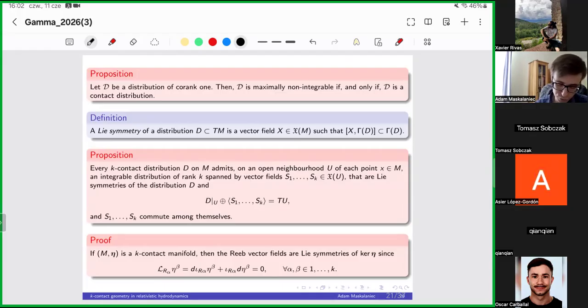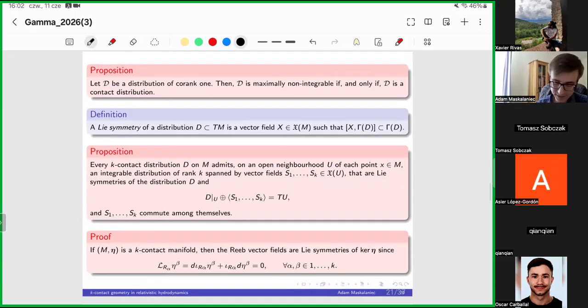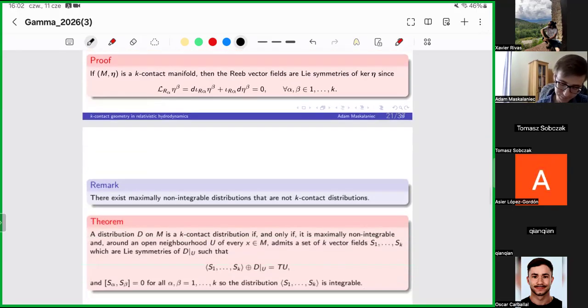So every k-contact distribution on M admits an open neighborhood U of every point x, such that we have k vector fields S_1 to S_k that are Lie symmetries of this k-contact distribution, and moreover, those vector fields commute with each other, and D summed with the distribution spanned by these vector fields is equal to TU. Okay, we have this direct sum.